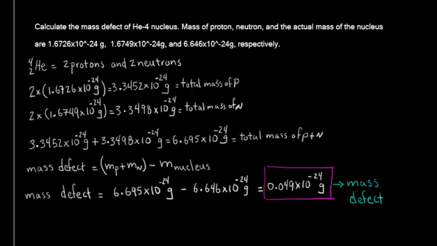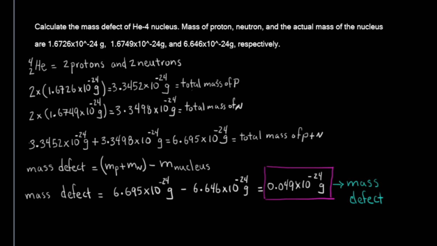In order to answer this question, we first need to figure out the number of protons and neutrons inside the helium-4 nucleus. There are 2 protons and 2 neutrons inside the helium-4 nucleus, and the formula for mass defect is the sum of the masses of individual or free protons and neutrons minus the actual measured mass of the nucleus.